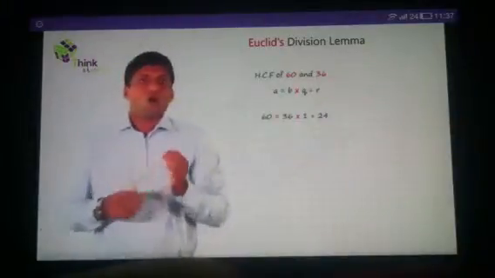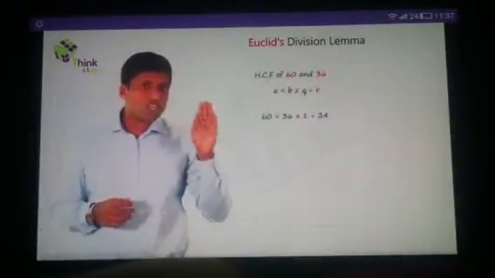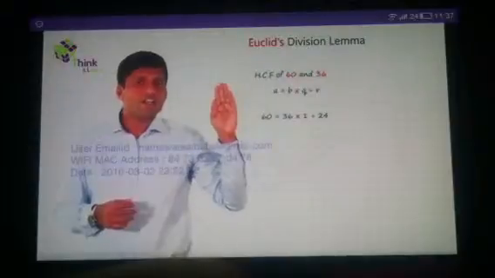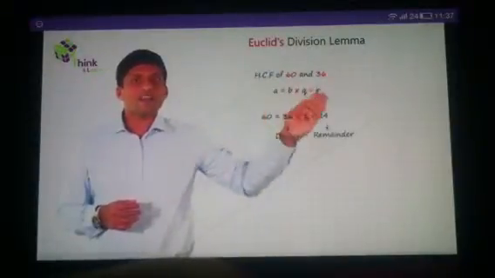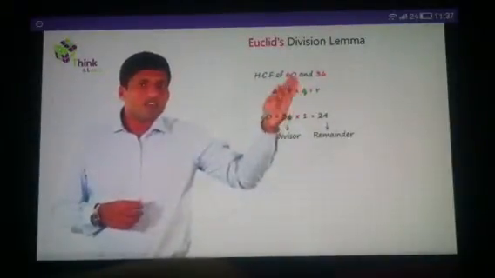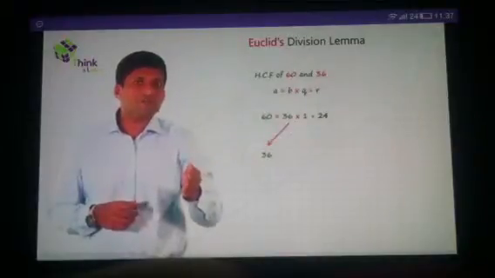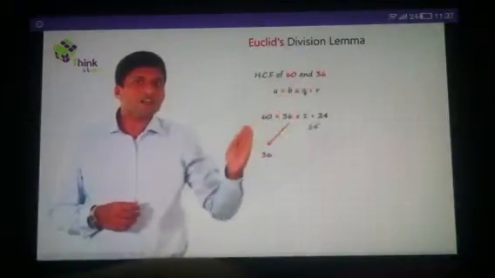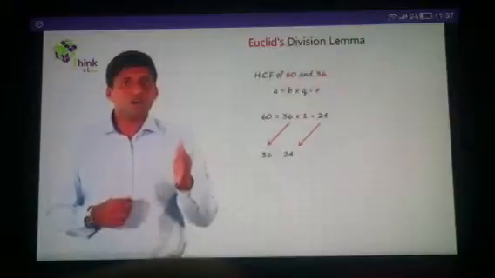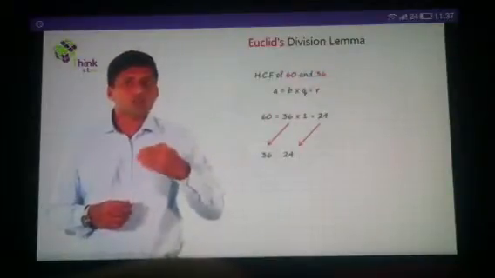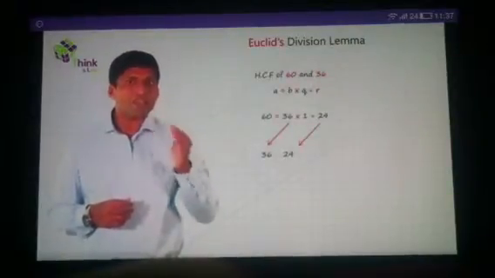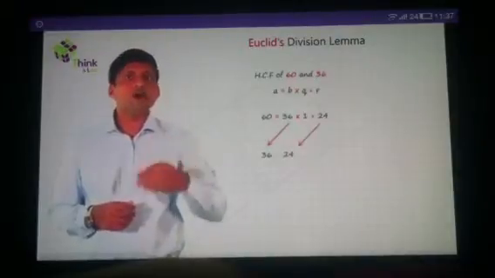Now, here the divisor 36 and the remainder 24: you take this divisor as the next dividend, and the remainder becomes the next divisor. That is what you are supposed to do next, applying the division lemma once more.